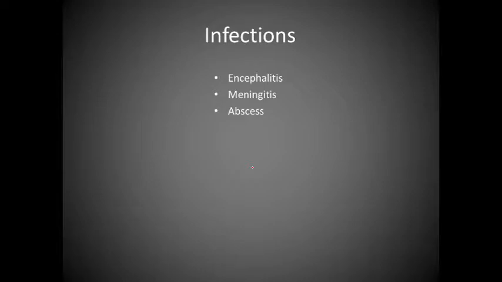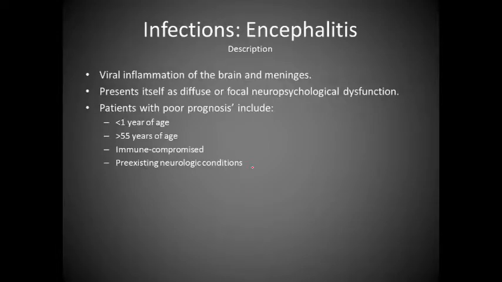So that brings us to initially just some types of infections, such as encephalitis, meningitis, and an abscess. Encephalitis is a viral inflammation of the brain and the meninges, and it presents itself as a diffuse or focal neurophysiological dysfunction.